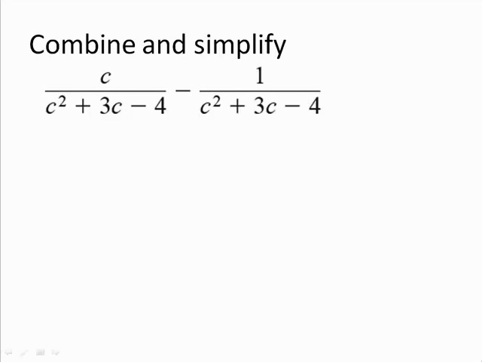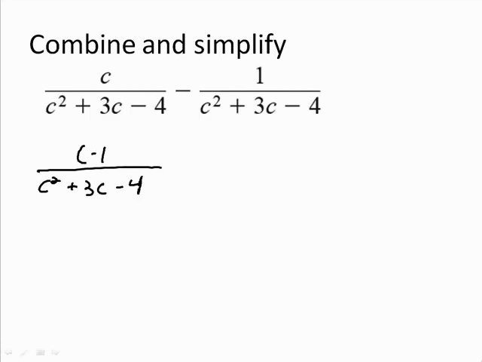Combine and simplify. c divided by c squared plus 3c minus 4, minus 1 divided by c squared plus 3c minus 4. Both terms have the same denominator, so you can subtract the numerators. You get c minus 1 divided by c squared plus 3c minus 4.